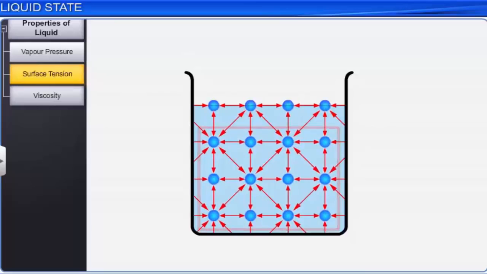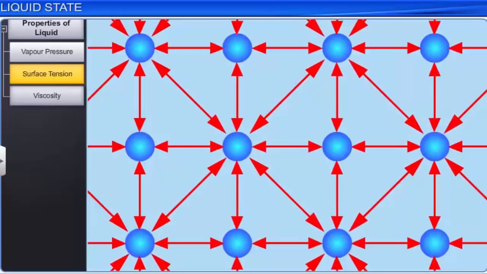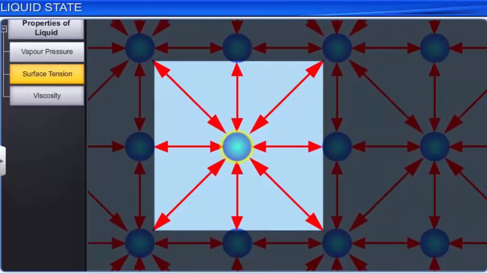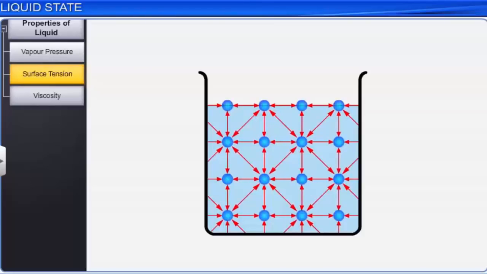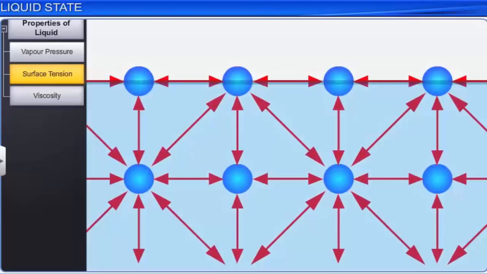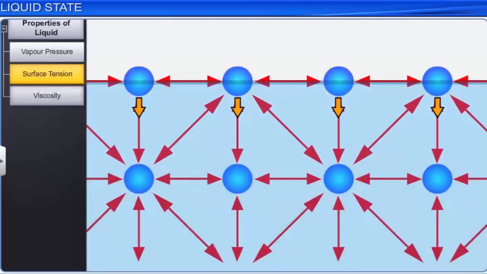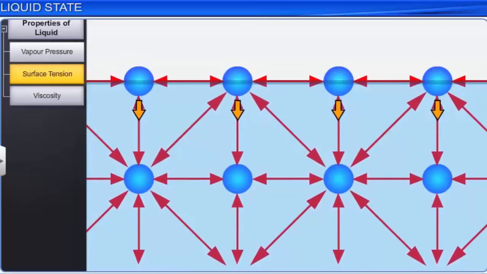Therefore, a single molecule in the bulk of liquid does not experience any net force. However, the molecules on the surface experience a net downward attractive force towards the interior of the liquid due to the molecules below it. Thus, we see that there is a tendency on the part of the surface molecules to go into the bulk of the liquid.